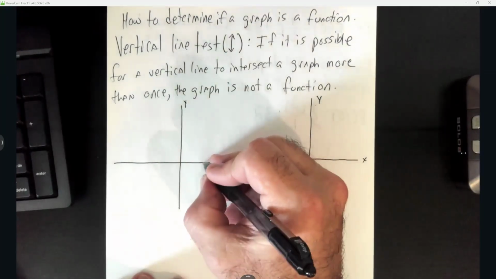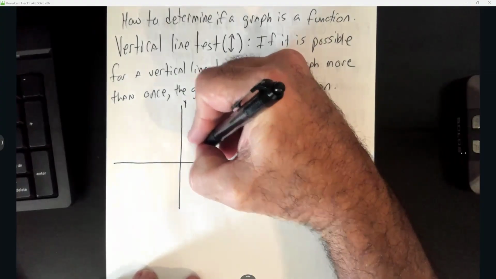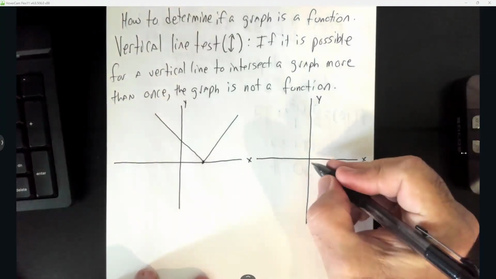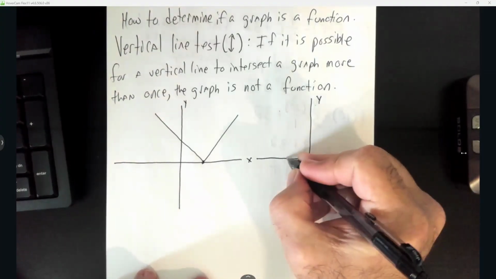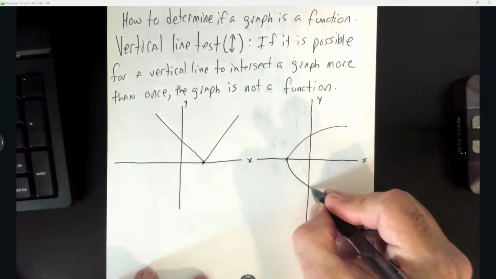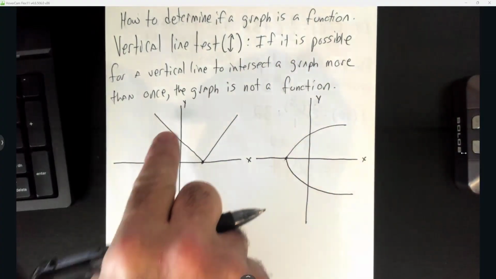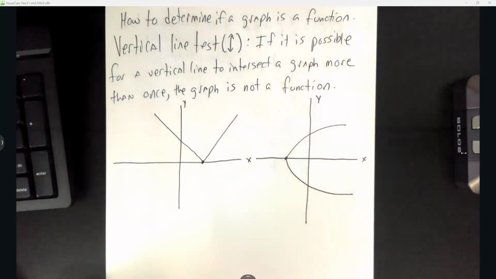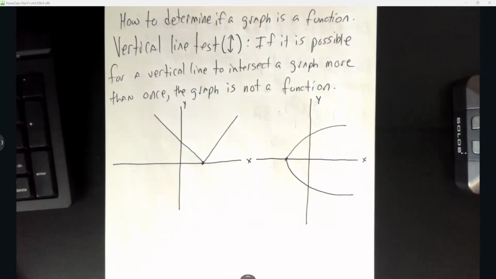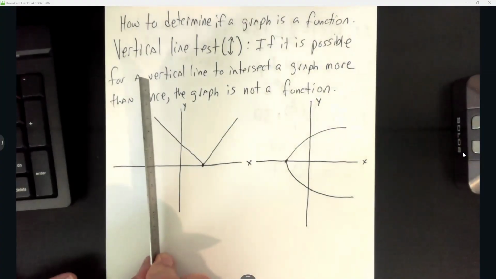Oh, so let me see. We did absolute value a while ago that looked like that. And then what if I had a graph that did like that? So y'all, let's play with this first graph. Is the first graph a function? So what you would do, you're going to take a vertical line.